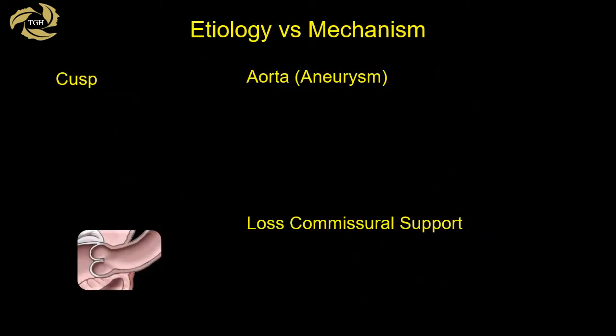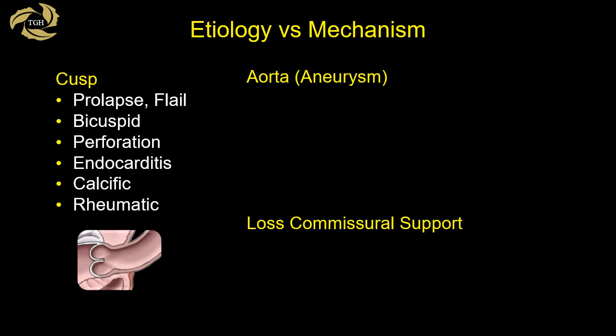It is useful to consider etiology and mechanisms of AI separately. Etiology is the cause of the disease. There are many underlying causes for aortic insufficiency. These causes can be broadly categorized as those involving the cusps or secondarily from diseases affecting the aortic root or ascending aorta.